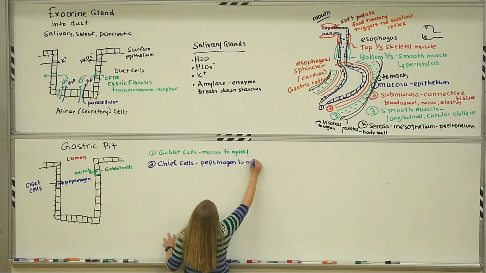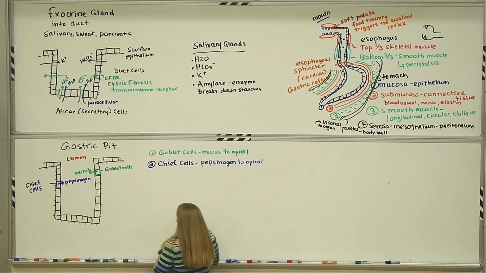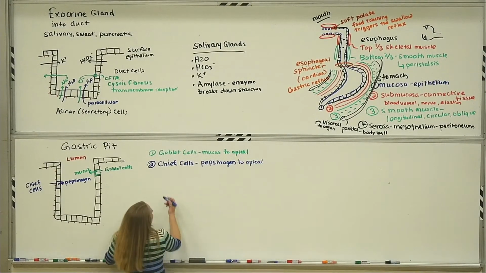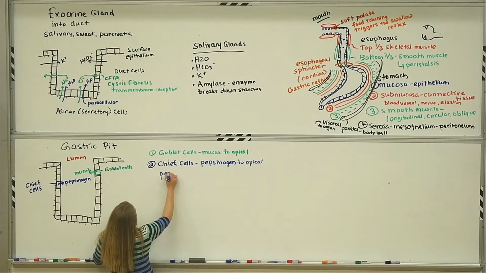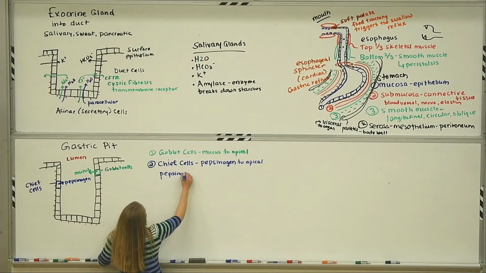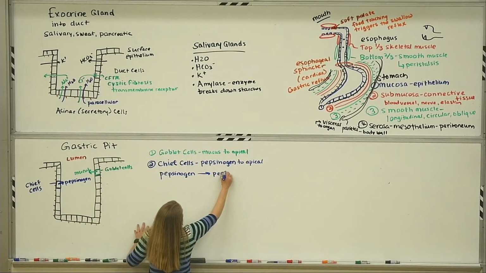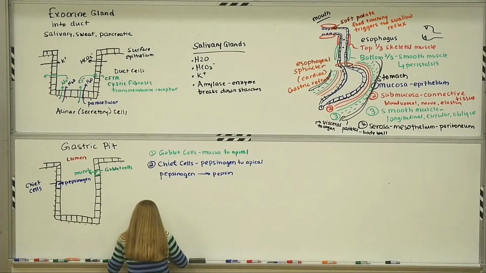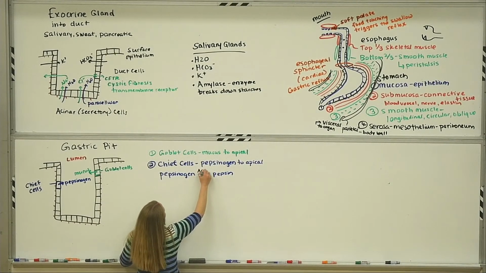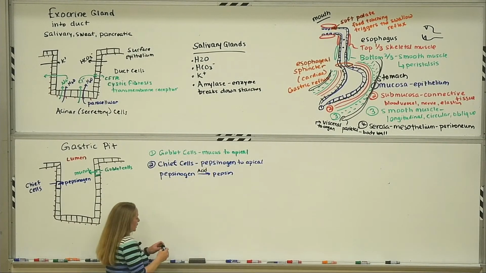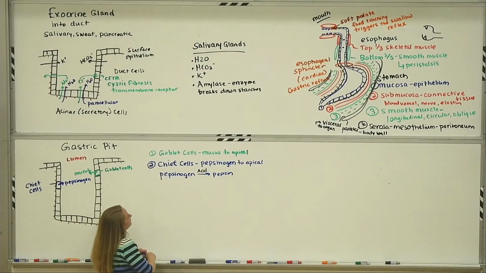And then once it's out in that lumen, it's going to be in a very acidic environment, and that's very helpful because pepsinogen will convert to pepsin with exposure to acid. A little more complicated, but that's good for now.